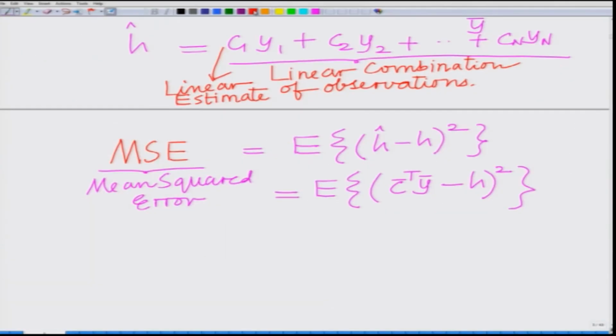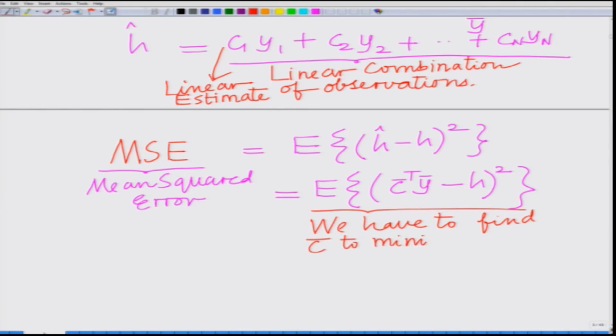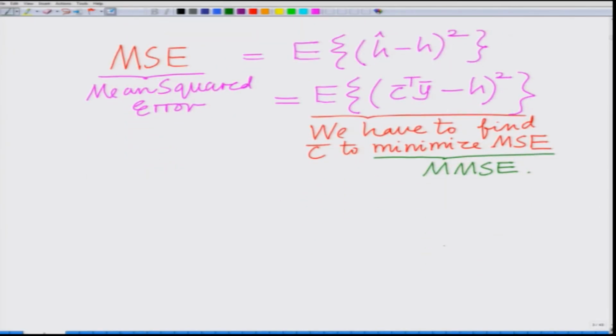So, we have to find C bar to minimize MSE. This becomes your MMSE, and this is also linear in the observations y 1, y 2 up to y n, that is linear in the observation vector y bar. Therefore, this is also the LMMSE estimator.